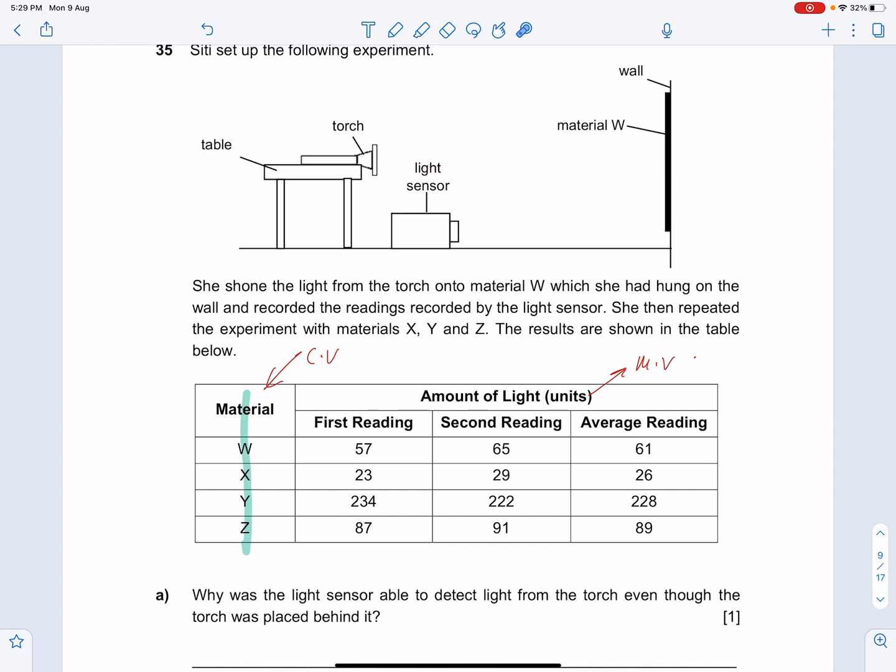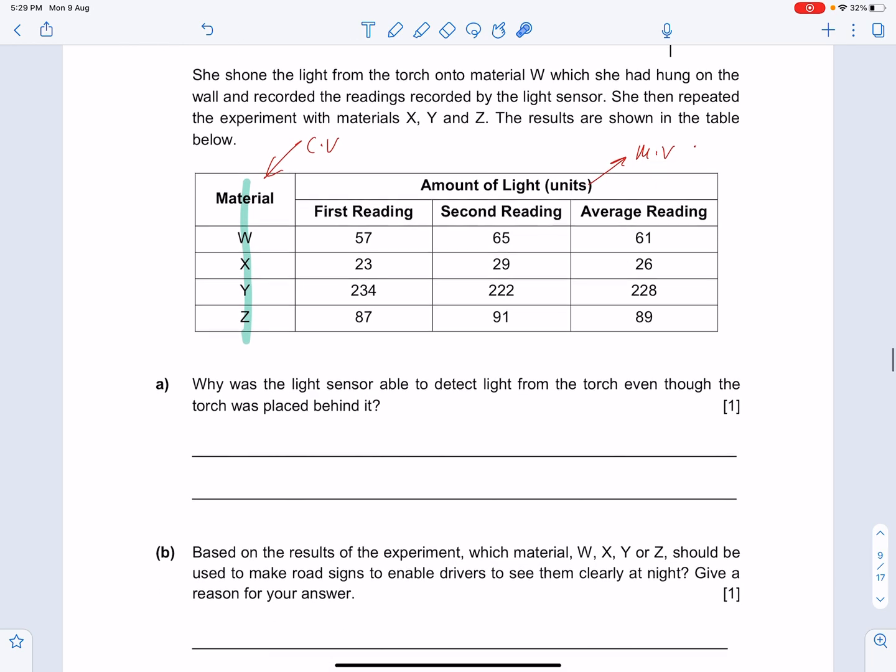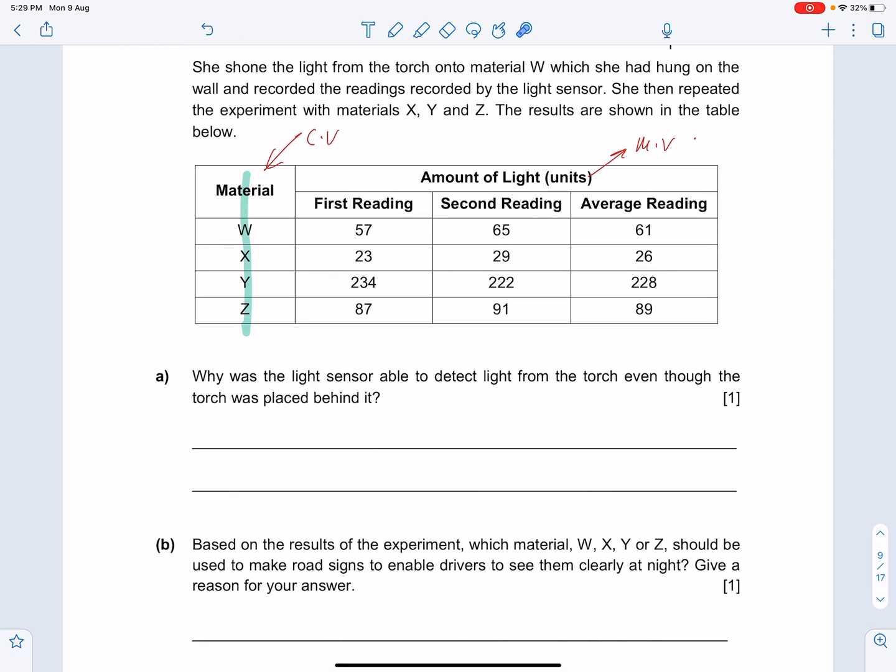However, in this case, that's not what's happening. This experiment is probably not measuring the opacity of the material, but rather the reflective index of the material. How much light can it reflect? So what would probably happen is that the light would have shone from the torch, it would have hit the material, and then it would have bounced off the material, and then it would have gone into the light sensor, alright, enabling it to actually detect the amount of light.